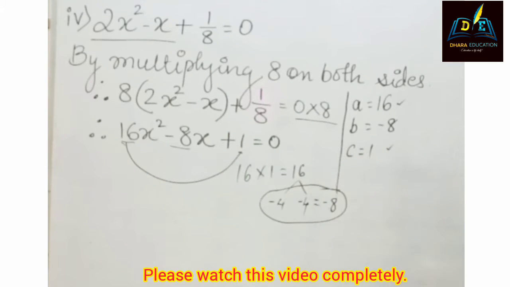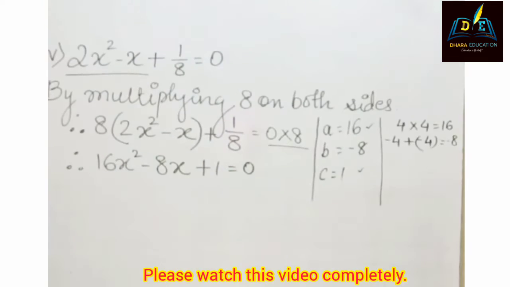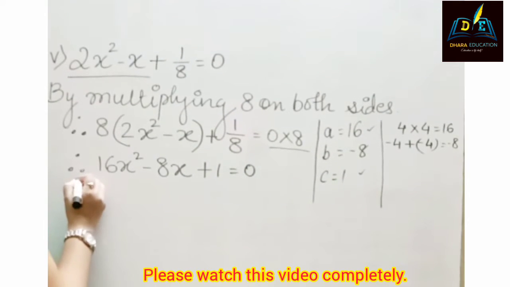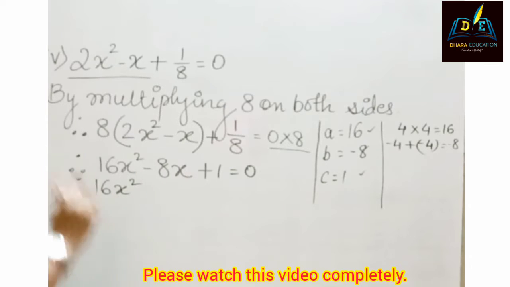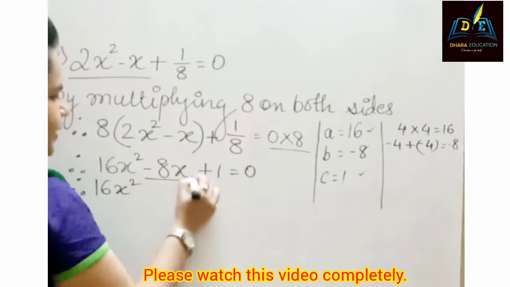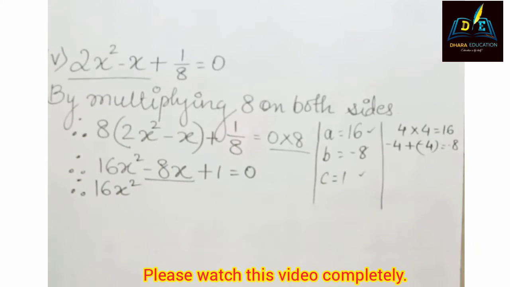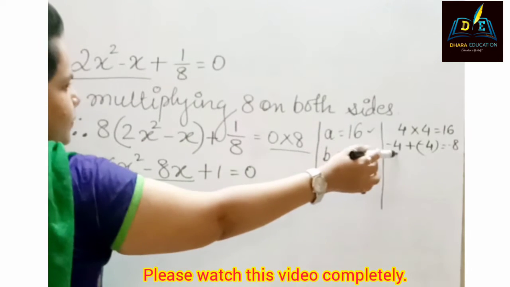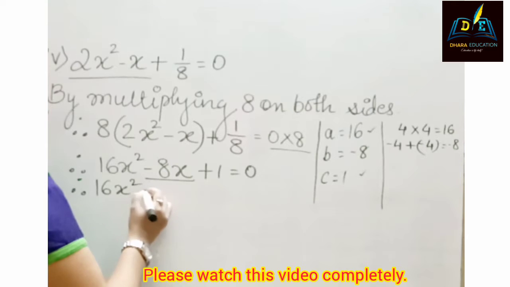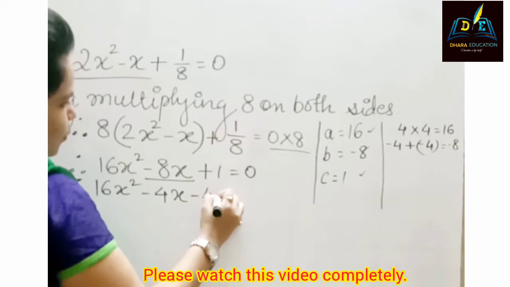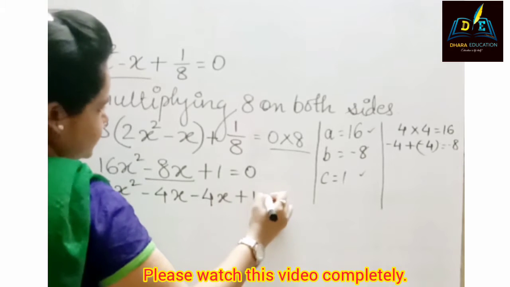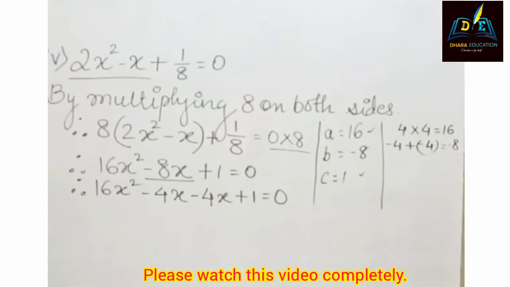Am I clear on this point to everyone? So now students, the second step will be 16x square as it is we will write. Now we need to split the middle term. So how we will split it? As I have discussed before also, we will take this, that is minus 4x minus 4x plus 1 is equal to 0.